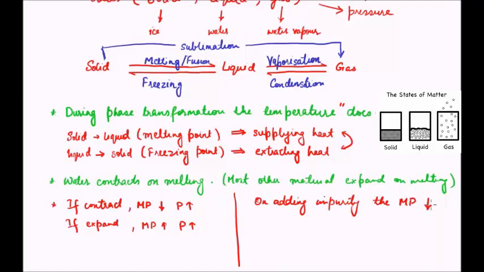So any material will have its melting point reduced when we add impurity to it. And there is a very practical application of this concept. In very cold countries where there is a lot of snowfall and the road might be blocked due to ice, what is done is that a mixture of salt is spread over the road. It's thrown on the ice.